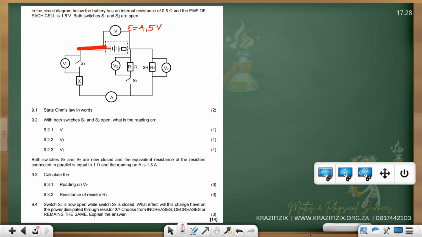If you look at this, it's a main switch because it's on the main flow. If I close this, I can deceive you by opening one. Like this one is opened, it doesn't stop current from flowing. So always watch the main one first. Okay. State Ohm's law. Please, let's get those laws.